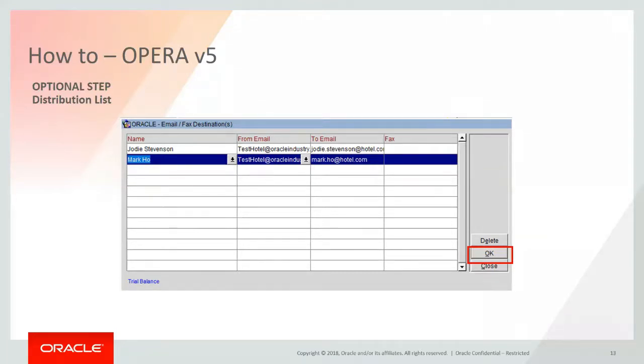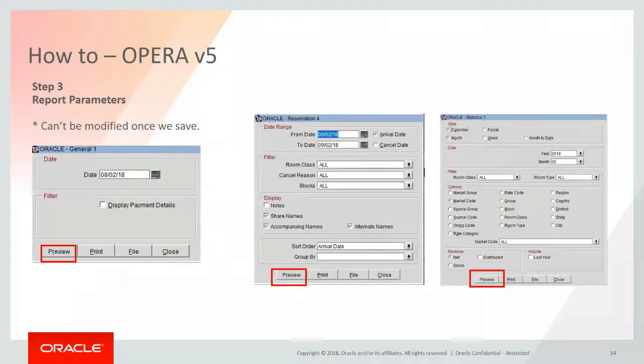From email will be configured in our delivery methods. That's one of the requirements that we mentioned earlier. And finally, to email, we can type the email of our destination. Click OK to continue.